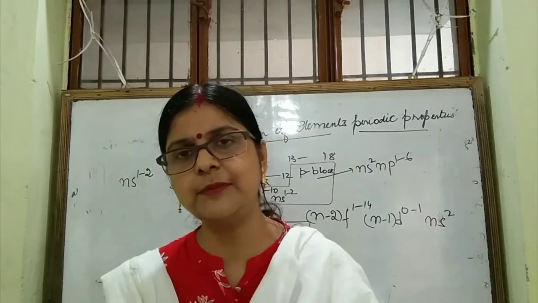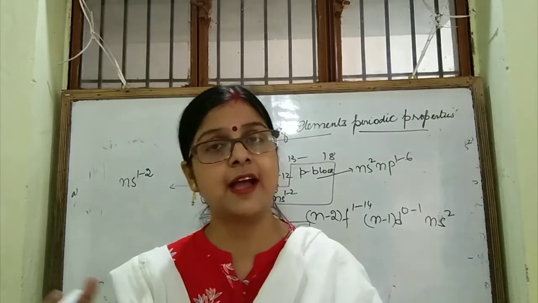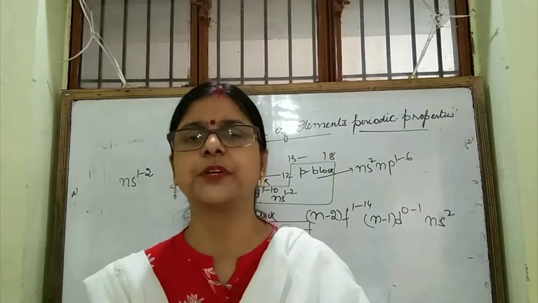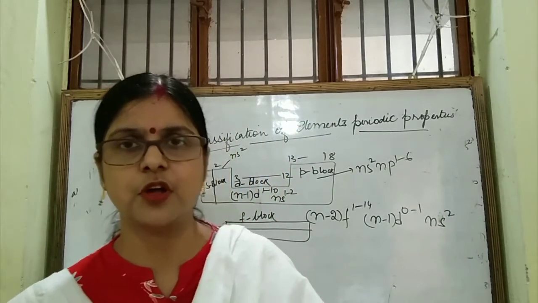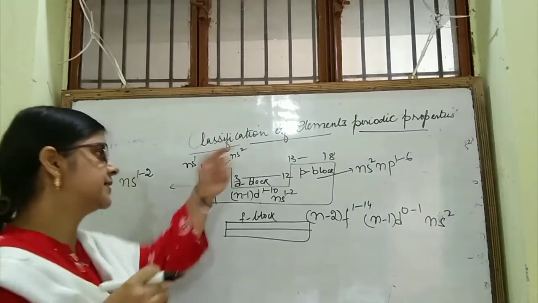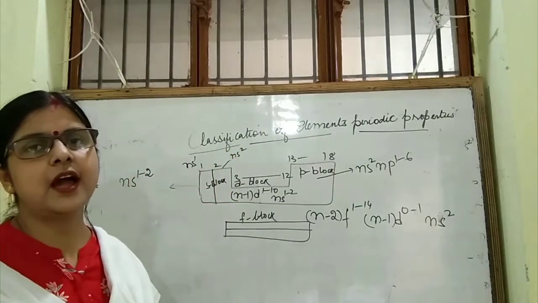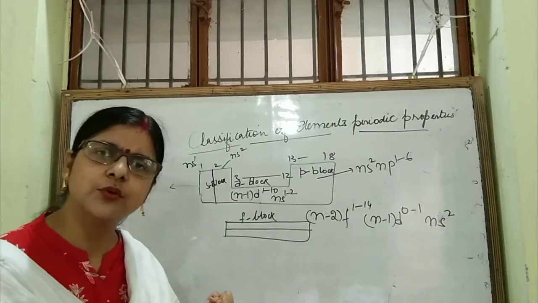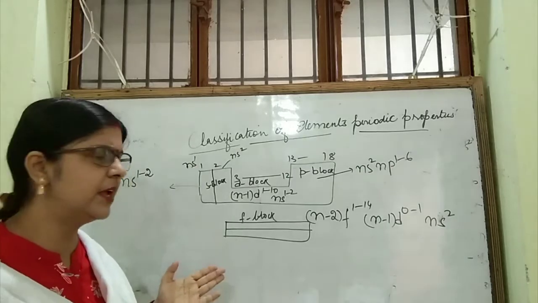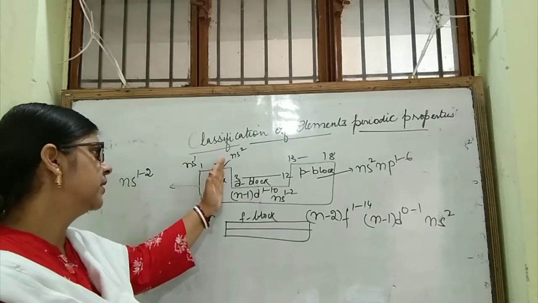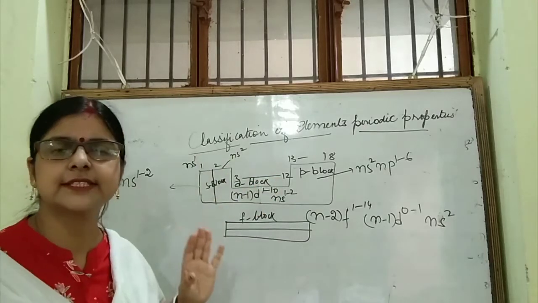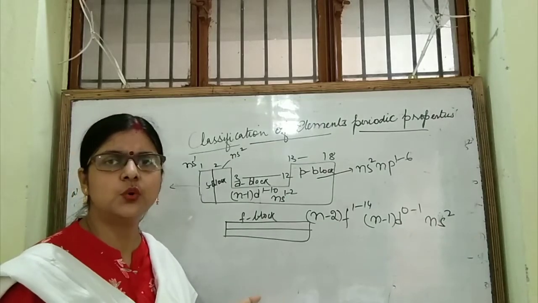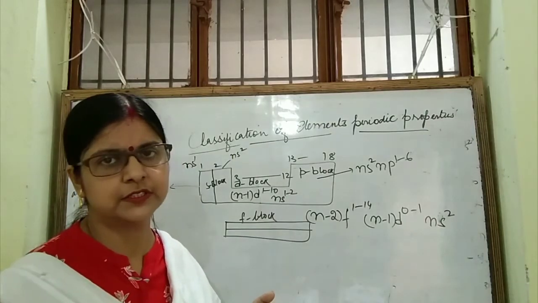Now these S block elements are soft metals, they have low ionization enthalpy, and they are the strongest reducing agents. All these properties you can take up for S block elements. Next, D block elements are also known as transition elements. Sometimes people ask you why they are known as transition elements, because their position is in between S and P block elements and their properties lie in between those of S and P block elements.